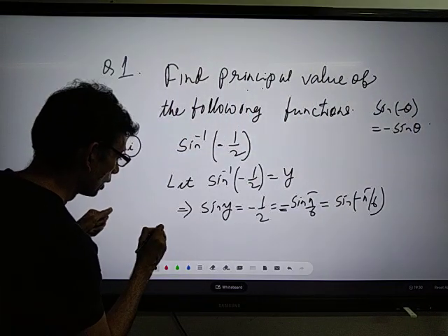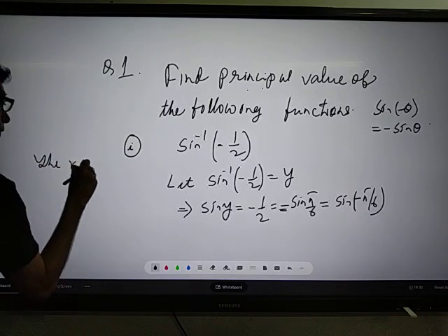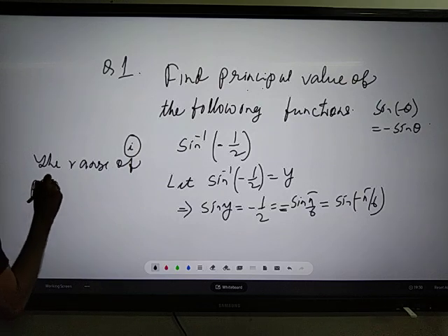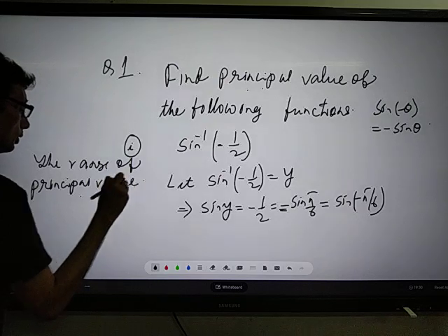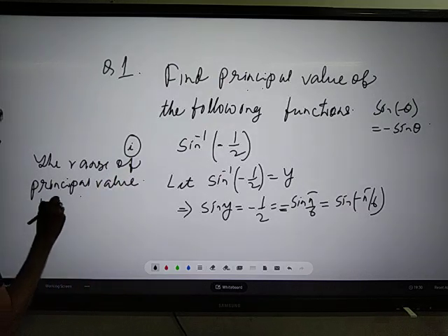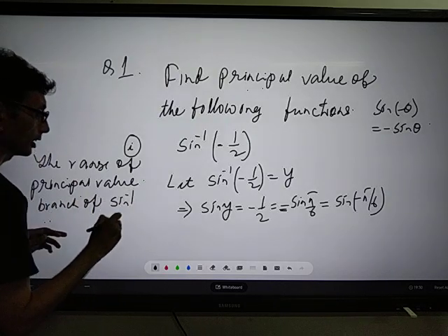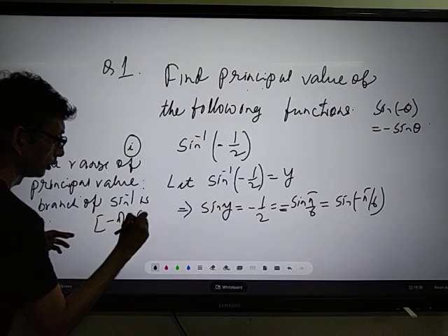Just write the range of principal value branch of sine inverse is minus pi by 2 to pi by 2.